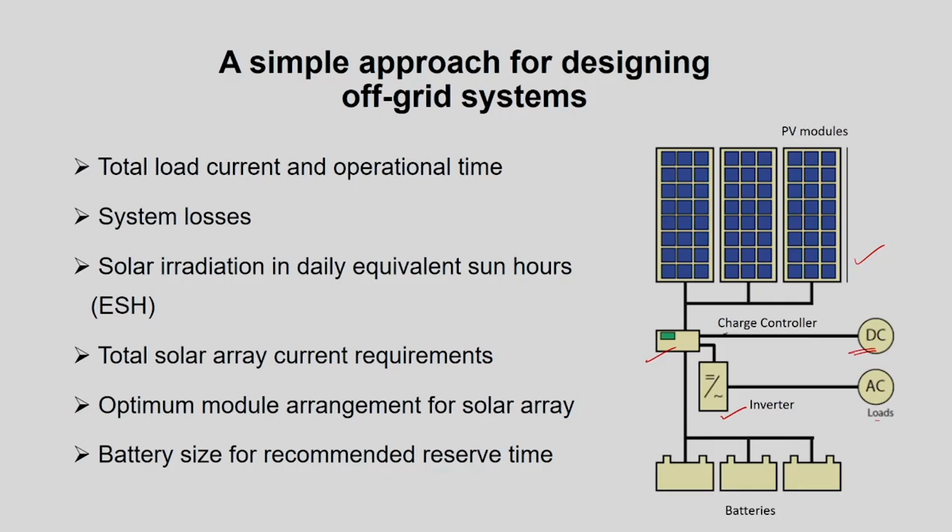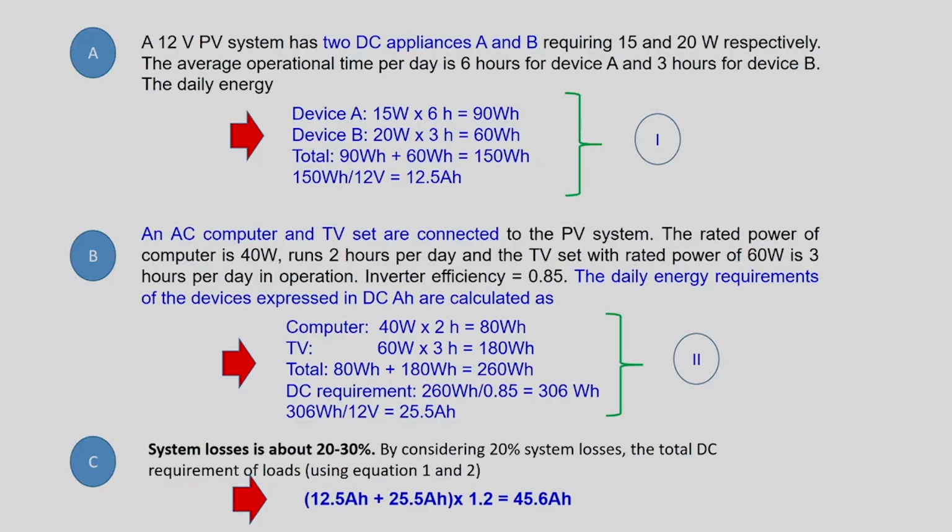So, let us take a small example and try to understand the simple approach for designing an off-grid system. The example goes something like this: a 12-volt PV system, a very basic PV system, has two DC appliances A and B, requiring 15 and 20 watt respectively.